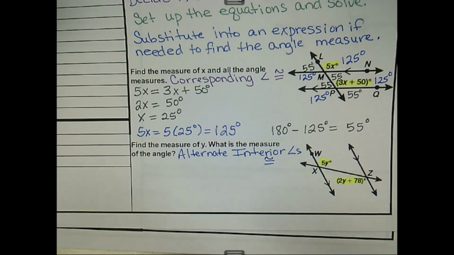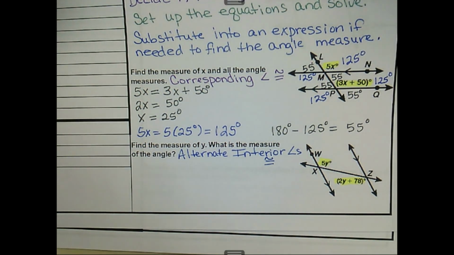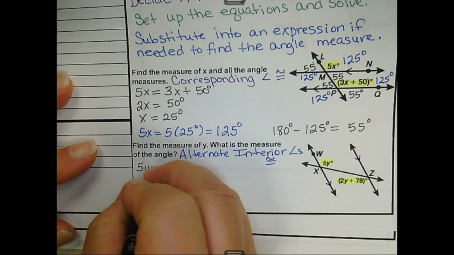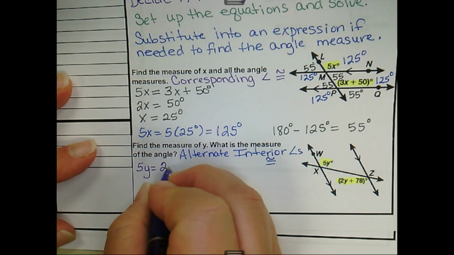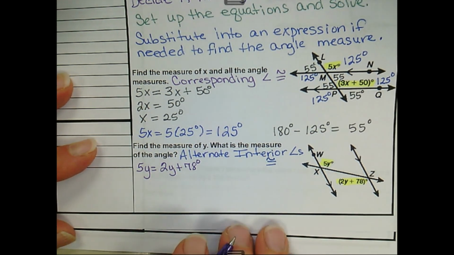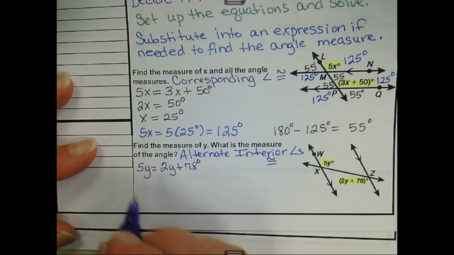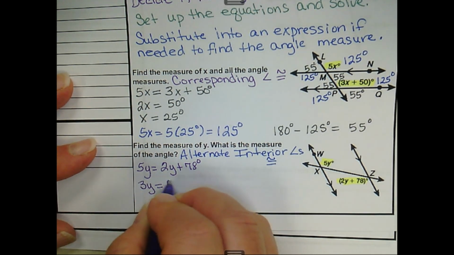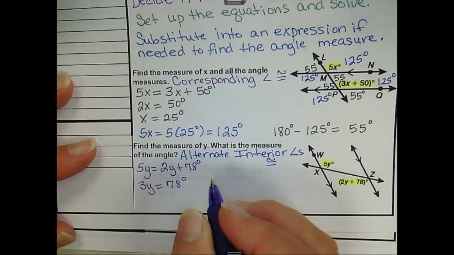So 5y is equal to 2y plus 78 degrees. Okay, subtract 2y from both sides. 3y is equal to 78 degrees.